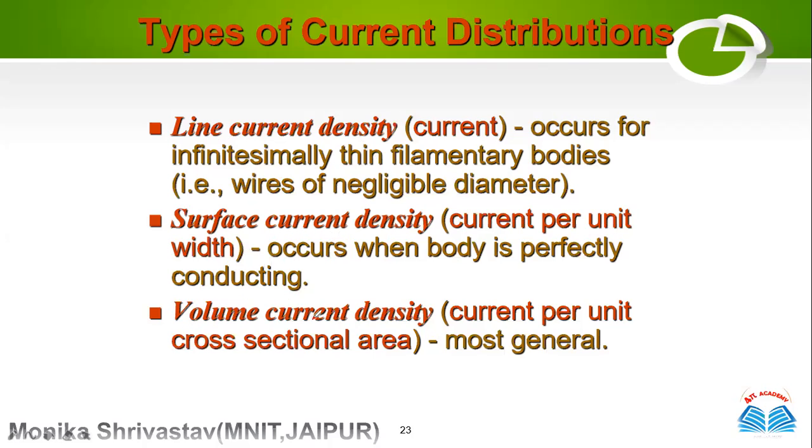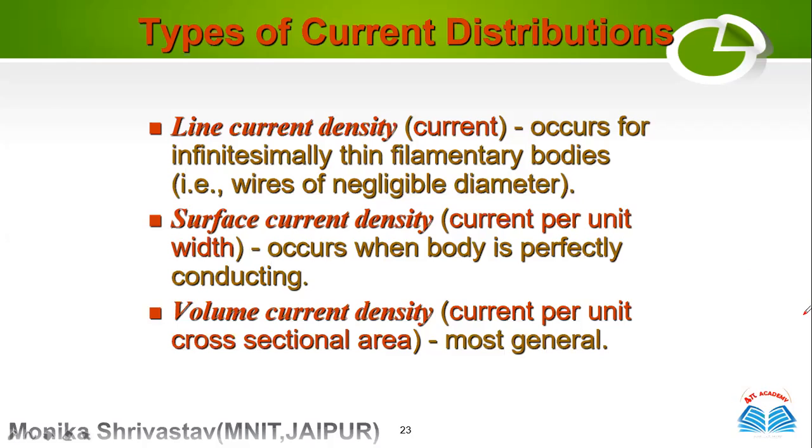And the third one is volume current density, that means current per unit cross sectional area. Most generally we will use volume current density, because we will be talking about some unit cross sectional area in most of our questions, and that is why we have to use volume current density.